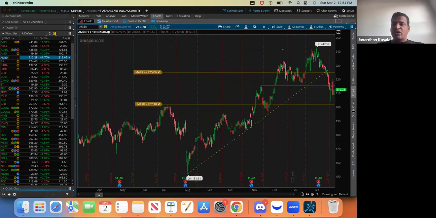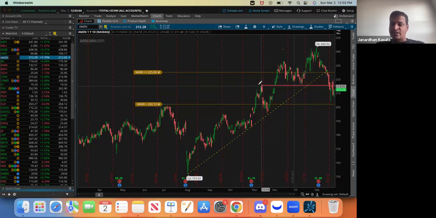So take an example of Amazon. This is in a bull trend, and I'm telling you how I handled this one. I sold most of my stocks at the 230s, and I was waiting for a reversal to test back the trend line.